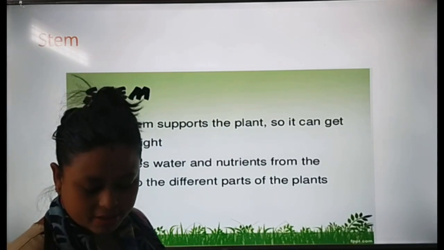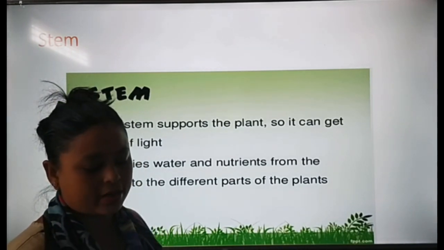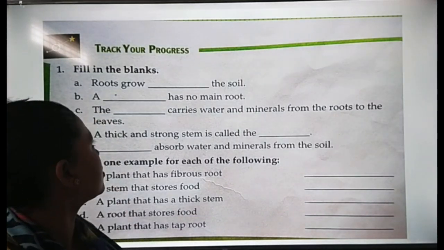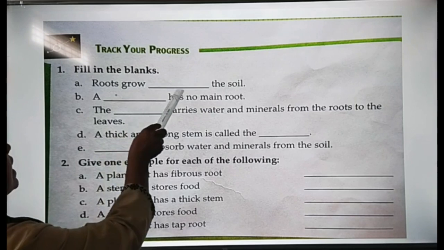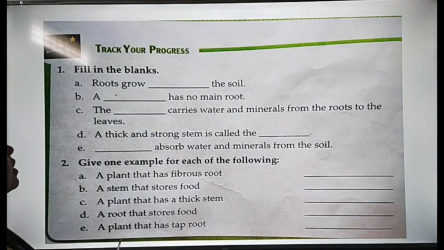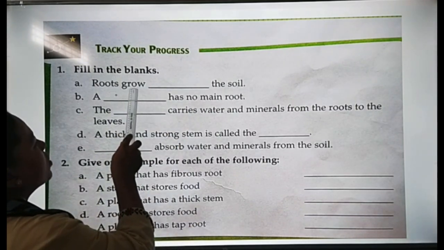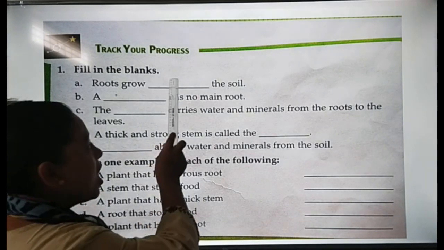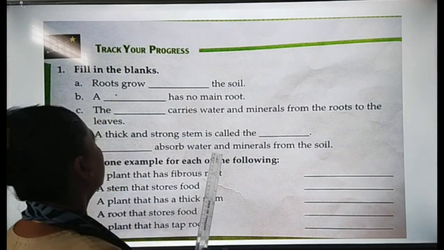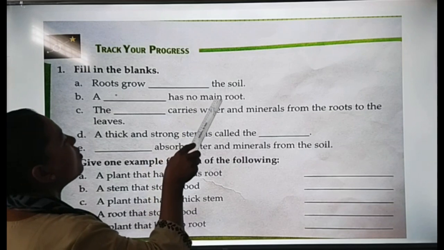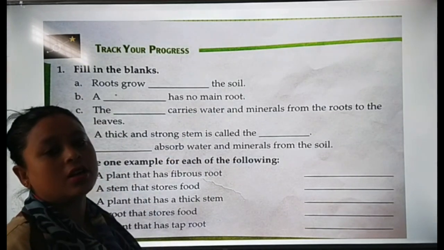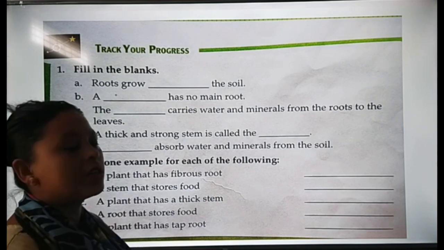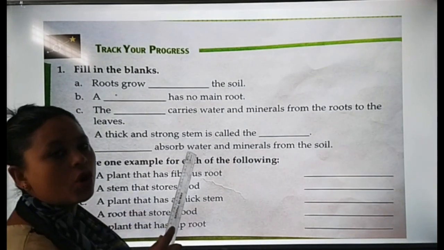So children, now track your progress. Up to here, how much have you learned? Fill in the blanks. Roots grow dash the soil. What will be here? Roots grow under the soil. A dash has no main root. Which root has no main root? Taproot or fibrous root? Fibrous root.